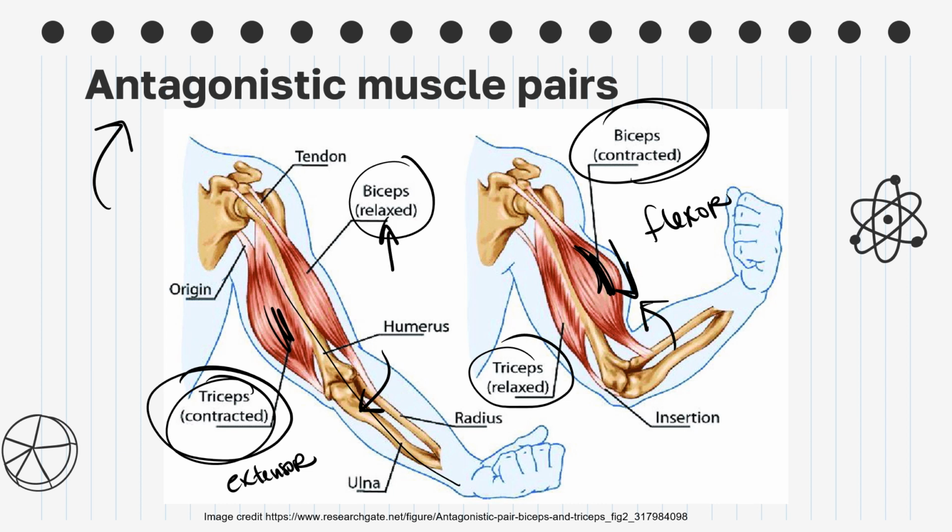So antagonistic because they're working in opposite directions, but if they weren't, we wouldn't move very well at all. What's kind of cool about these antagonistic muscle pairs, clearly I'm looking at an endoskeleton here, but our exoskeleton insect friends have the same. They have antagonistic muscle pairs on the inside of their exoskeletons.